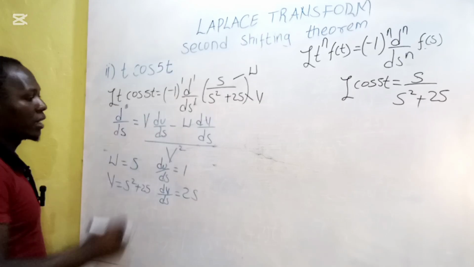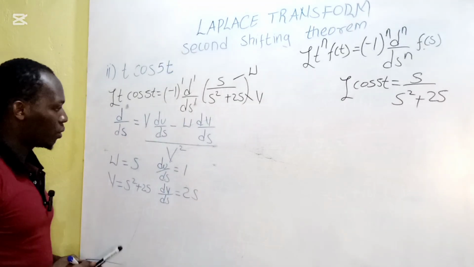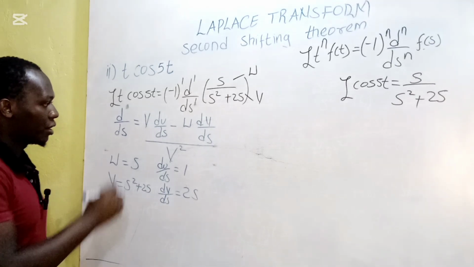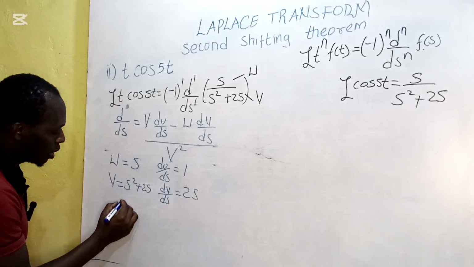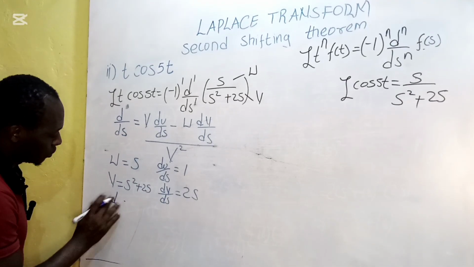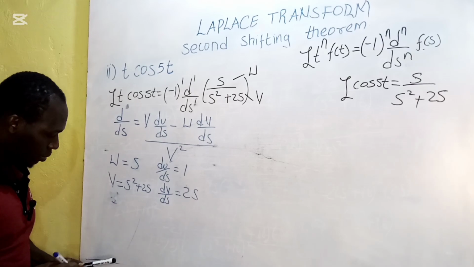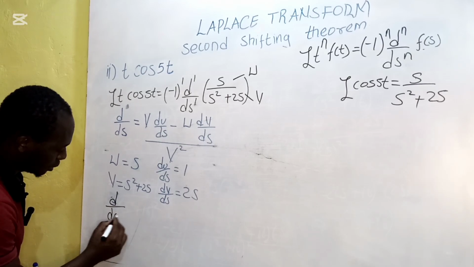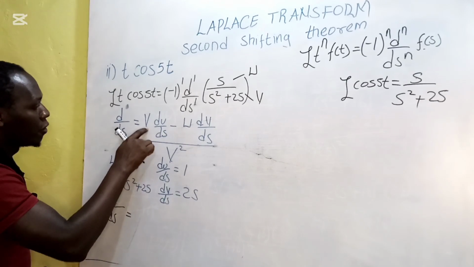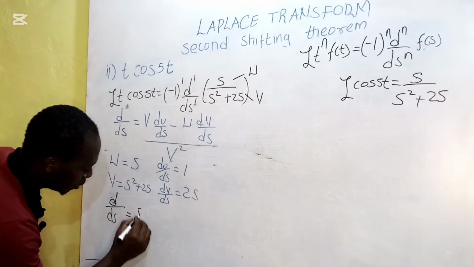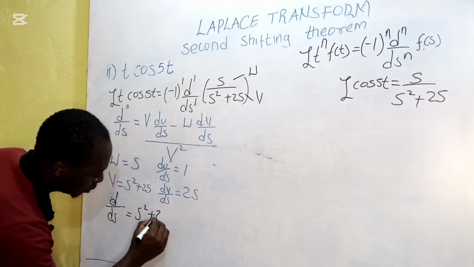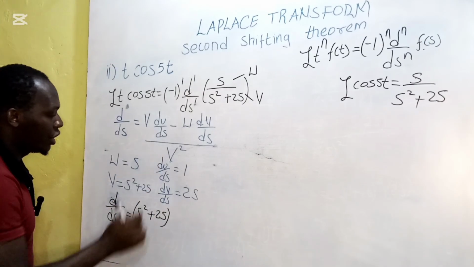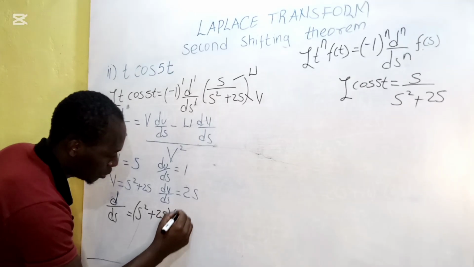Let us now get back into the quotient formula and insert all the parameters that we have here. d with respect to ds is going to be equal to v, and our v is equal to s squared plus 25, times du with respect to ds, which is 1.